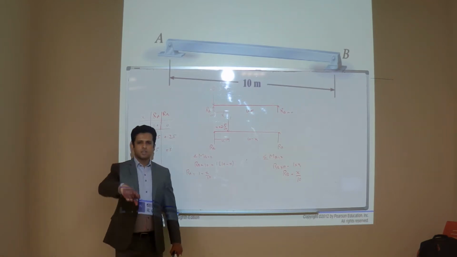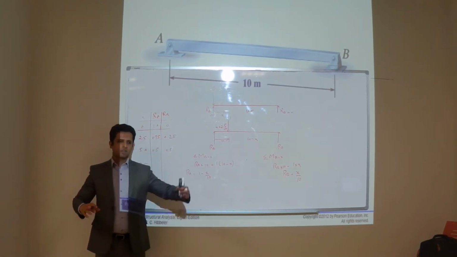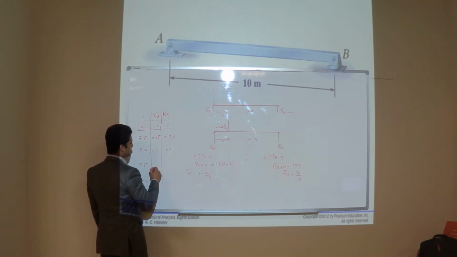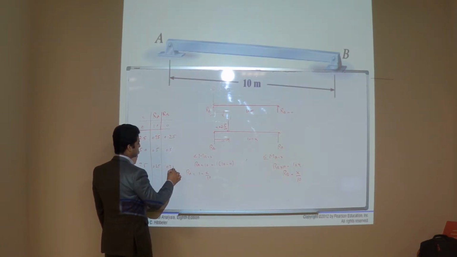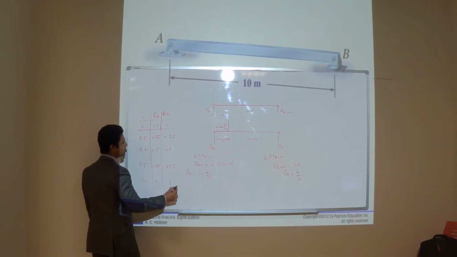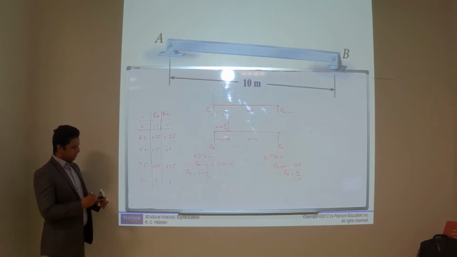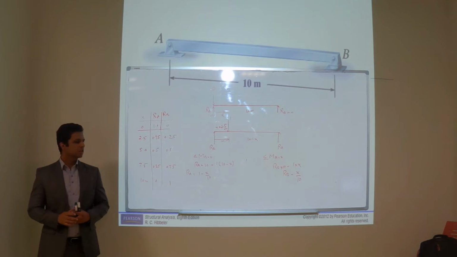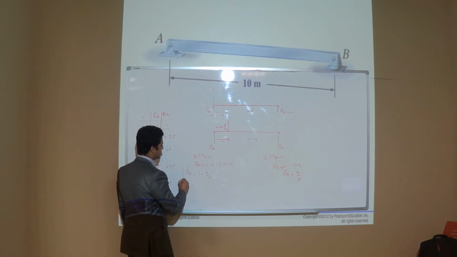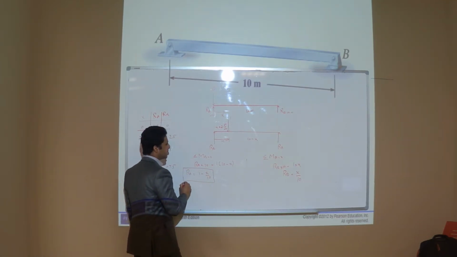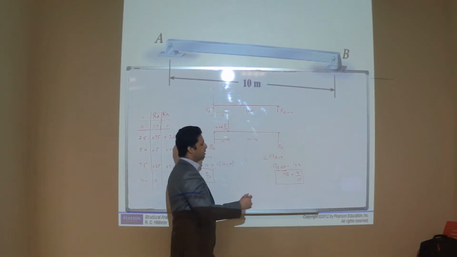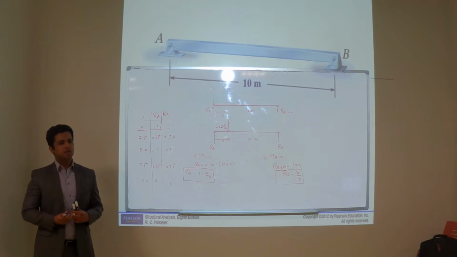If the load is at the center, each is half. And when the load moves: 0.25 and 0.75, and then 0 and 1. So the easier way is to make a function based upon x, and I just keep changing the value of x and keep getting the values of RA and RB.